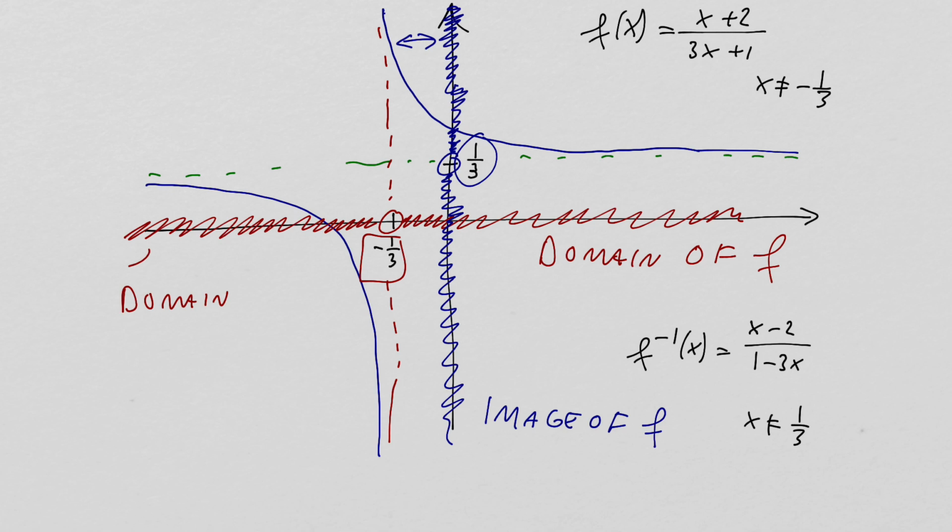So for function f, the domain is real numbers, but take out minus 1 over 3, and the image is real numbers, but take out 1 over 3.